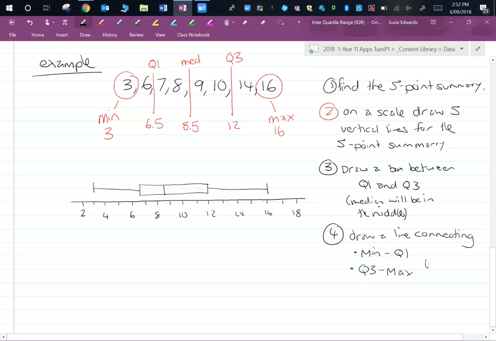They're called whiskers. And therefore we have a box and whisker plot.